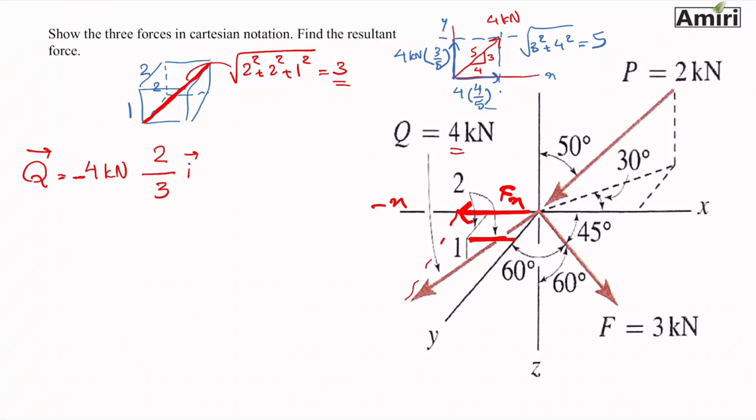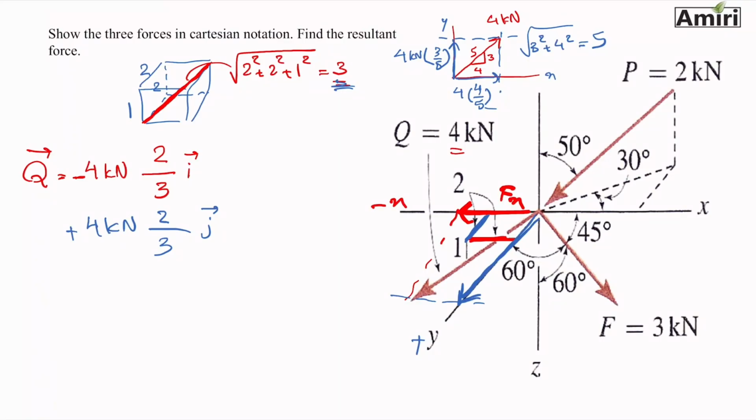Okay. J component, I go with whatever is parallel to y. So this length is important to me, which is 2. So that's 4 kilonewtons, 2, and then again I use this 3. The y component is right here, and it's pointing towards positive y, so that's going to stay positive.